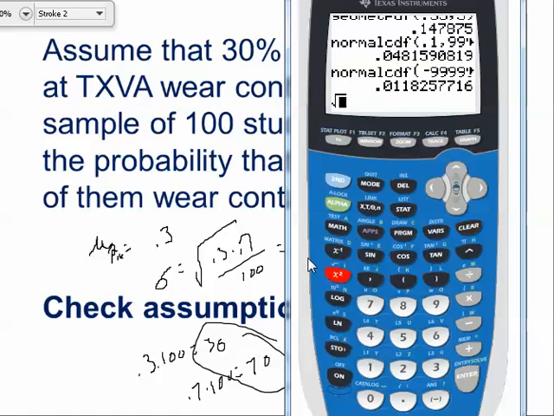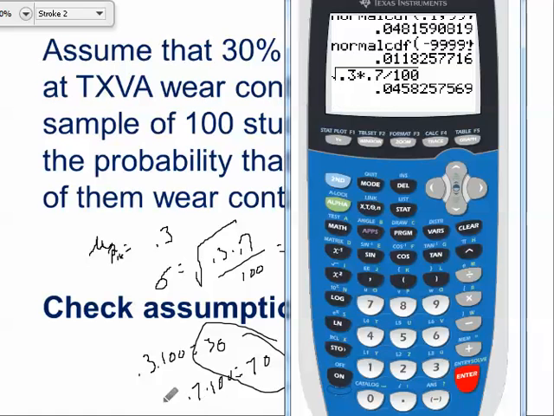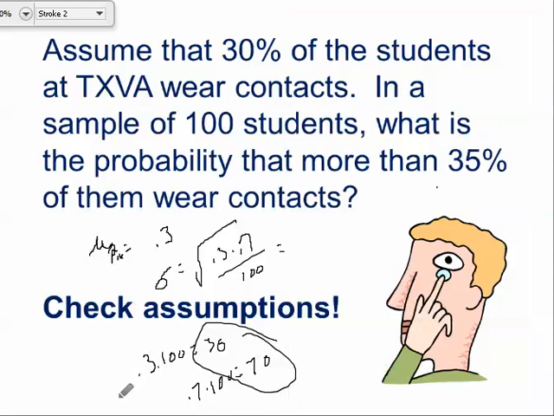Second, standard deviation, I'm sorry, square root of 0.3 times 0.7 divided by 100. And we get 0.0458. There you go. That's our standard deviation.